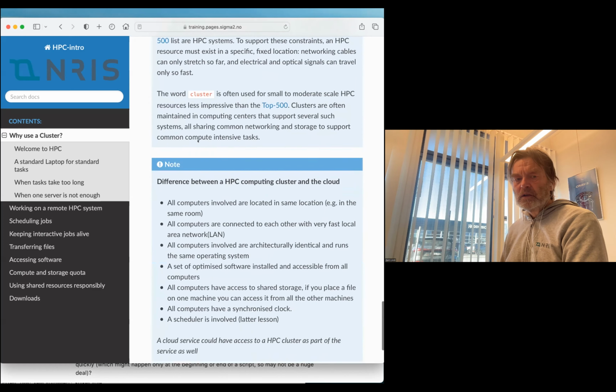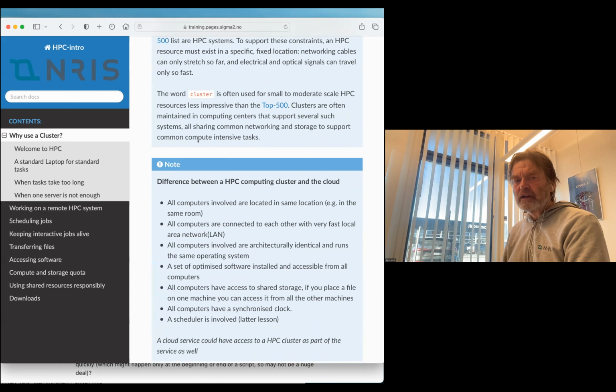So the difference between HPC systems and cloud is that HPC systems have all computers involved located in the same location. All computers are connected to each other with a very fast local area network. They are architecturally identical and run the same operating system.